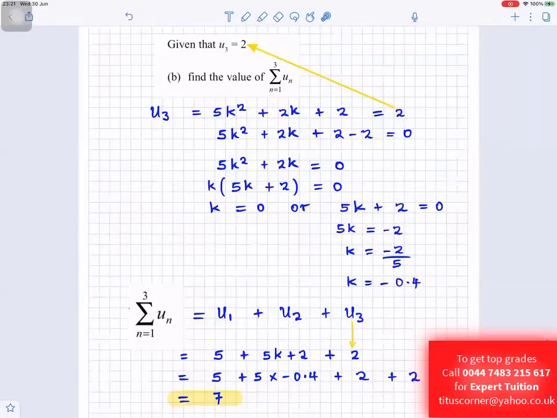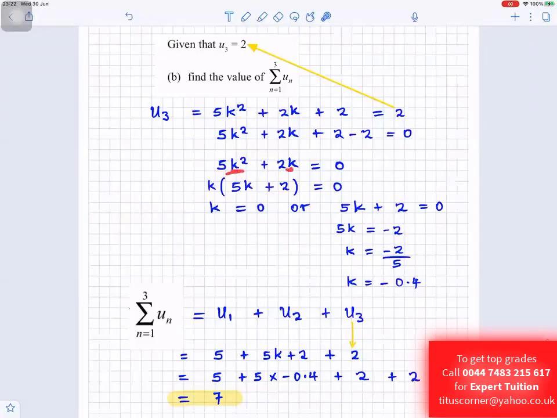Part B, given that u3 is 2, find the sum from n equals 1 to 3 of u n. So we know u3 is 5k squared plus 2k plus 2, and they've told us that equals 2. Now we want to solve it. You take this 2 to the left, it becomes minus 2. So 2 minus 2 is 0, and we're left with 5k squared plus 2k equals 0.